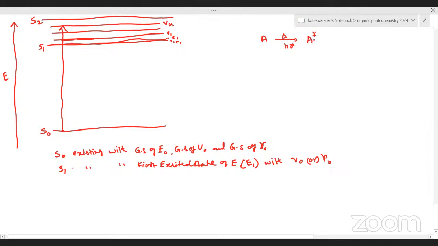It is shown with A star. A star means excited state. That excited state reaches some position, which we have taken as the Vx state of S1, some vibrational level, excited.